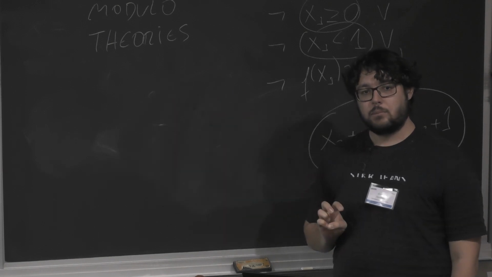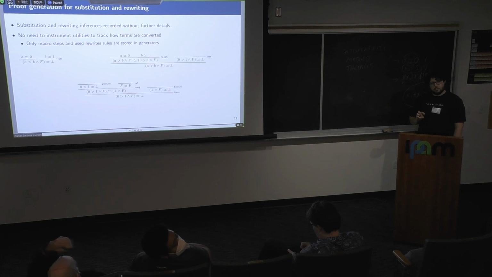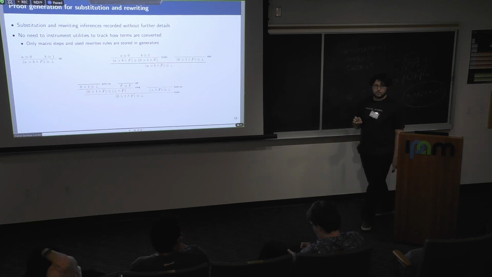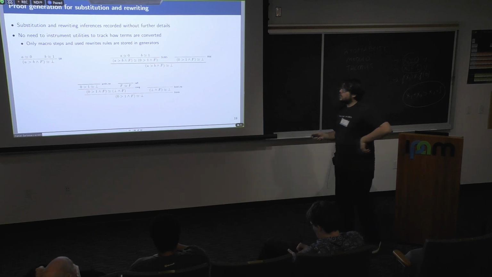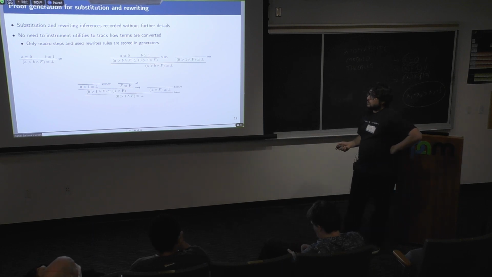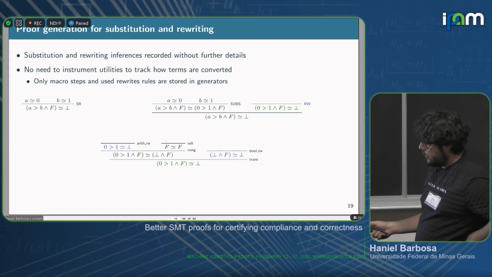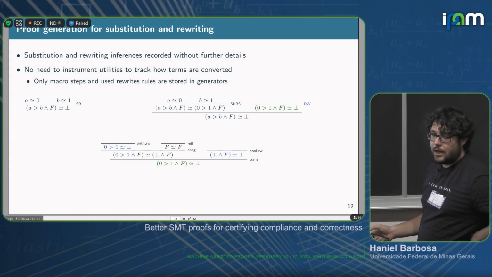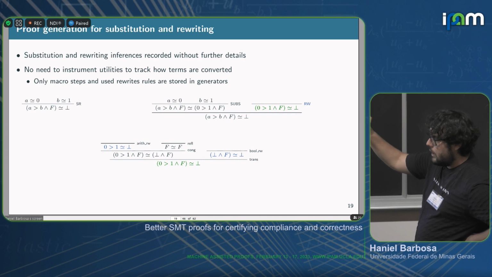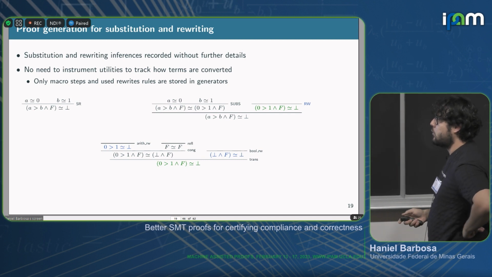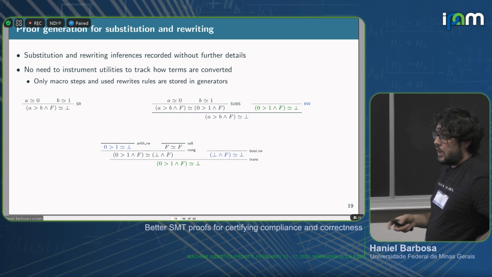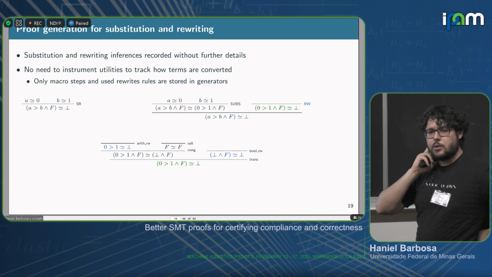I guess, what is the artifact you produce at the end that allows you to reproduce a proof? Do you just store the last step of the reasoning, like the last rule you used? So there are different flavors. For this particular case, we store this inference here. So we have these premises, this conclusion, and this ID. We also have some extra arguments, which I don't quite remember at the moment. The kind of substitution, the kind of rewriting that we do, I think.